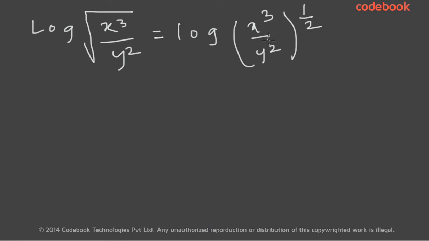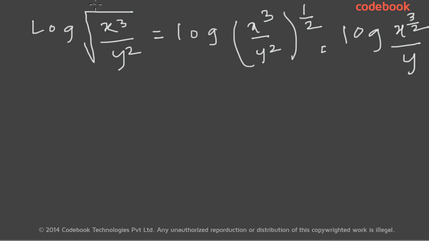This is in the form of a power m whole power n, which is nothing but a power m times n. So this becomes log of x power 3 by 2, because 3 times 1 by 2 is 3 by 2, by y square times 1 by 2. 2 and 2 get cancelled and it will be simply y.